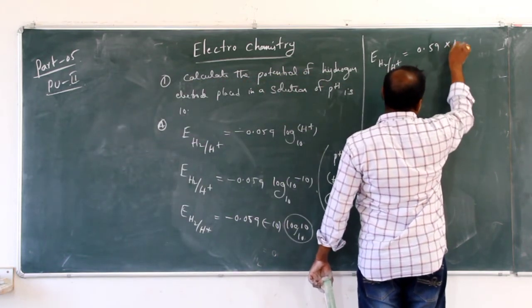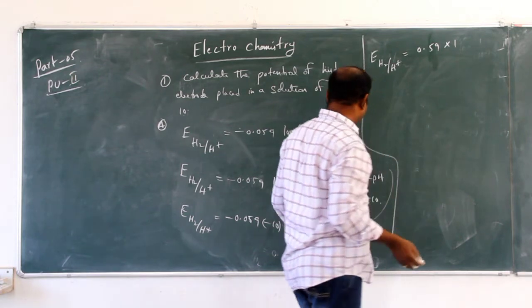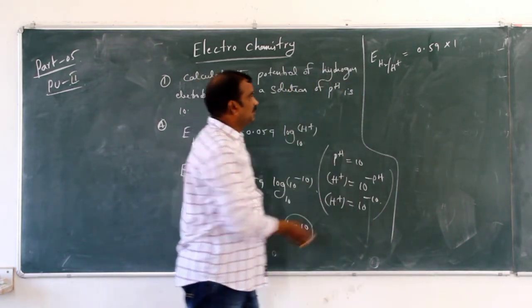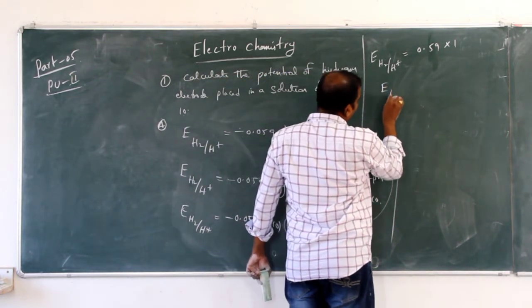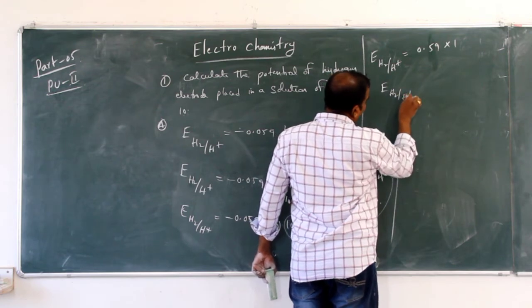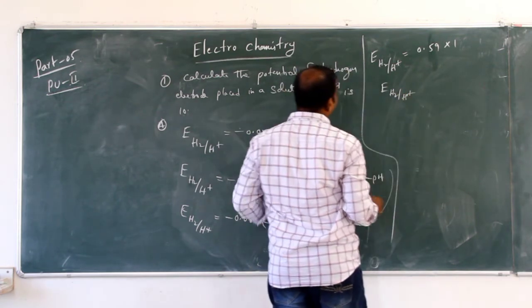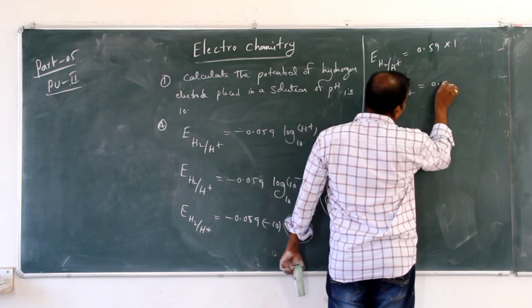Log 10 base 10 becomes 1. Minus into minus is plus, and 10 into 0.059 means 0.59. So the potential of hydrogen electrode is equal to 0.59.